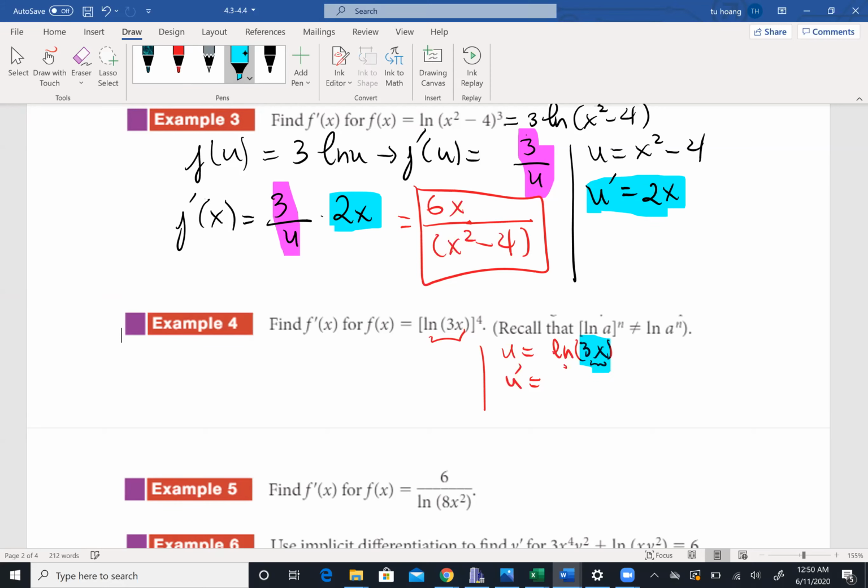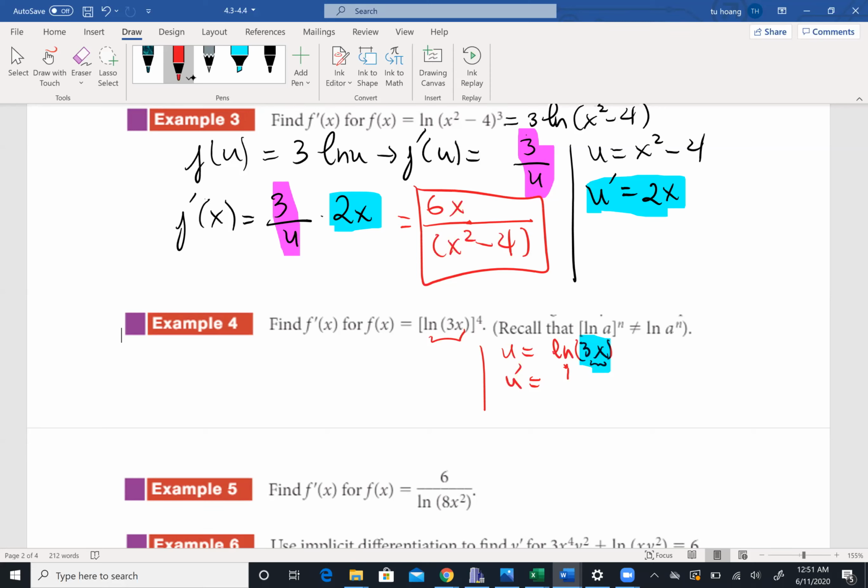It is not an x alone. So you have to apply the chain rule for this ln in order to take the derivative of that. If you apply the chain rule in a quick way, you can, because this is a very simple one.